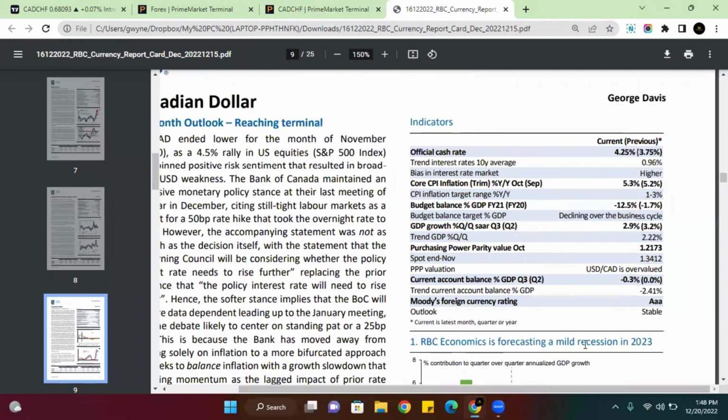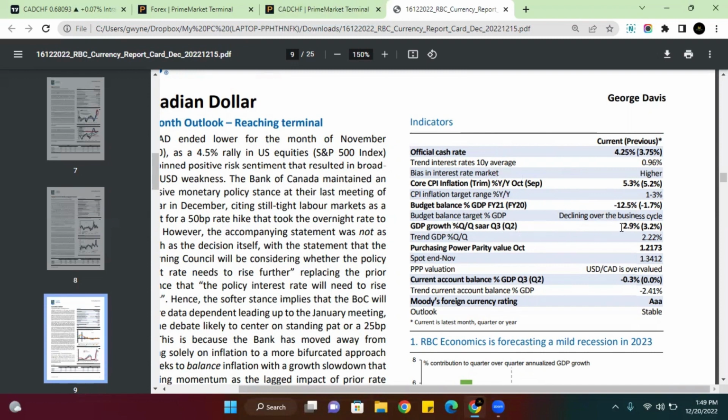Scroll over just a little bit. So yeah, there's a few economic factors that are here. They have a 5.3% inflation rate, and they have budget balance target percent declining over the business cycle.